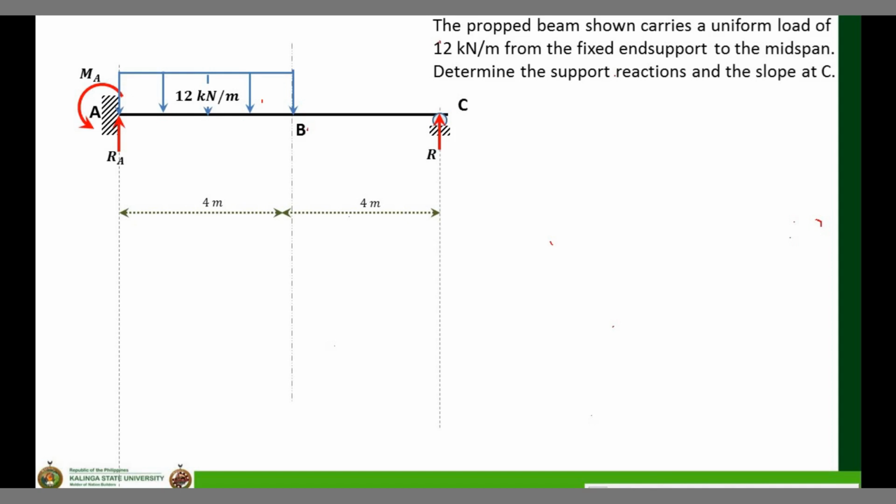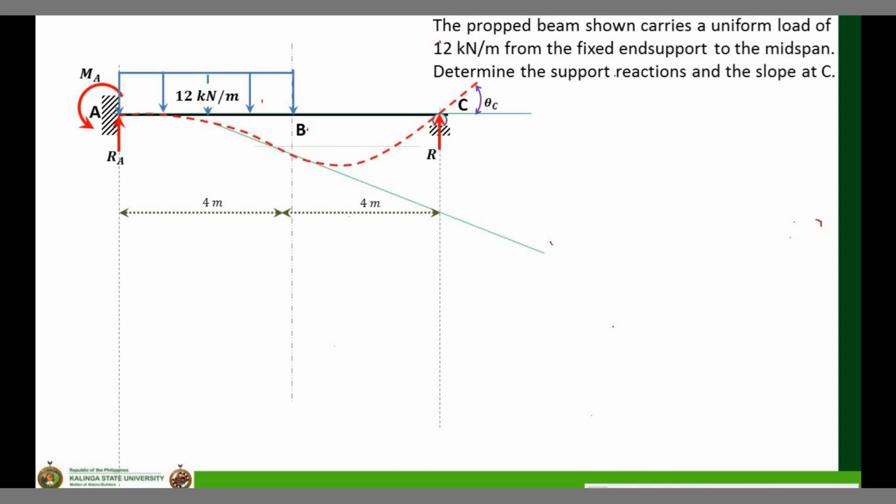This propped beam falls under an indeterminate structure. I just want to show you how to use the moment area method to determine the reactions: determine the support reactions and the slope at C.